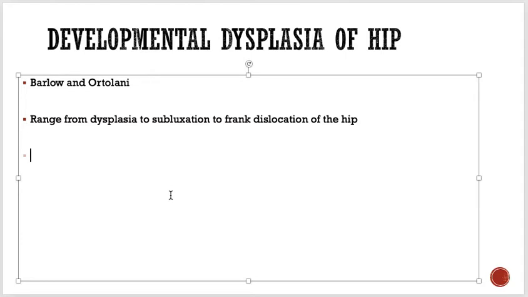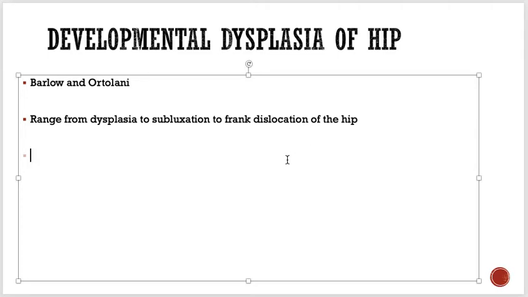So what happened is that the acetabulum is not well developed, so the femur head can dislocate, which is like this way, or it could be frank dislocation, like if the acetabulum is not developed at all or is very less developed, the hip joint is very unstable.